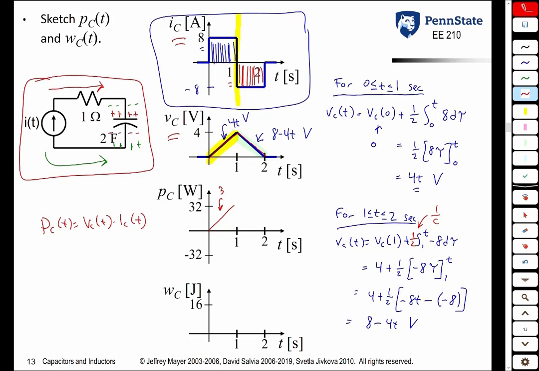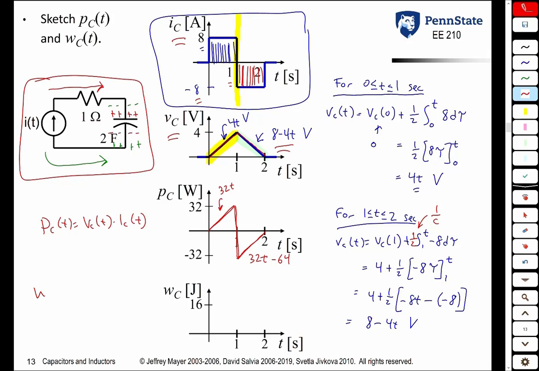That's going to be 32t. Between 1 and 2 seconds, we get negative 8 multiplied by 8 minus 4t. You get 32t minus 64. And so the power looks like that.